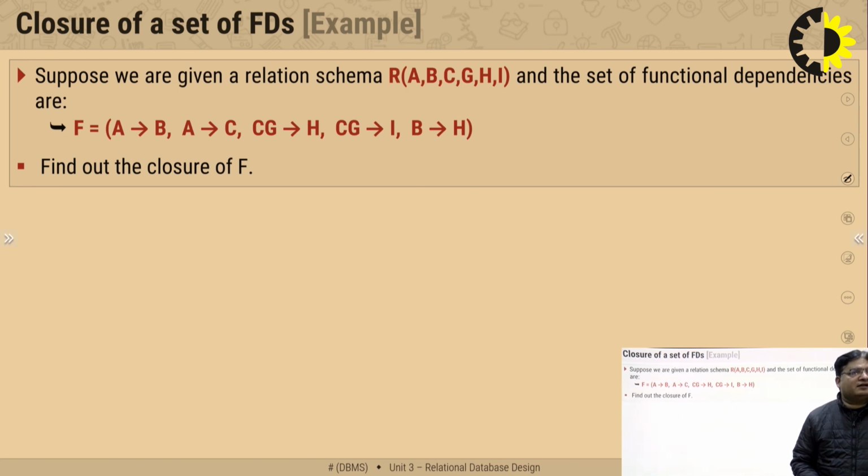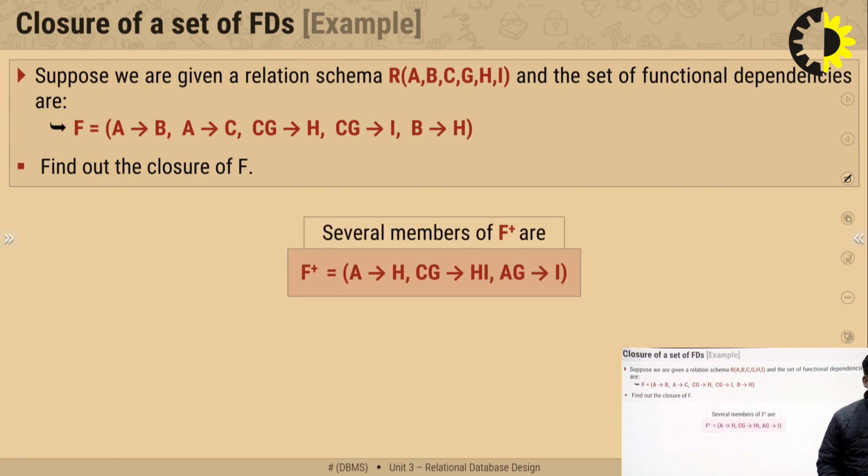So in a nutshell, we can derive a lot of FDs with the help of the given FDs, and that will be known as the closure or F plus. Now see the next question. We are given a relation R having the attributes A, B, C, G, H, I and a set of FDs. Now we need to find the closure.